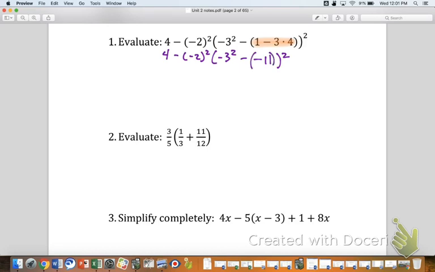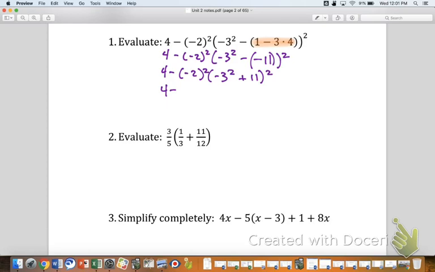Okay, so as I keep working in the parentheses, there's still plenty to be done. It's 4 minus negative 2 squared, negative 3 squared. What is minus negative 11 really? Plus positive 11. Yep. And now I'm going to do the exponents that I see. So it's 4 minus, what is negative 2 in the parentheses squared?